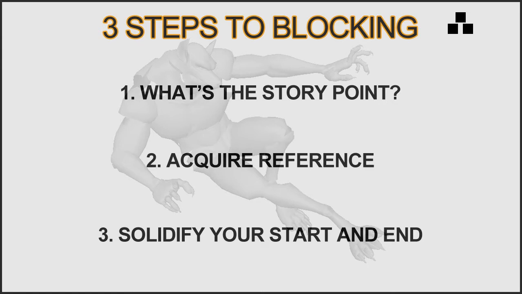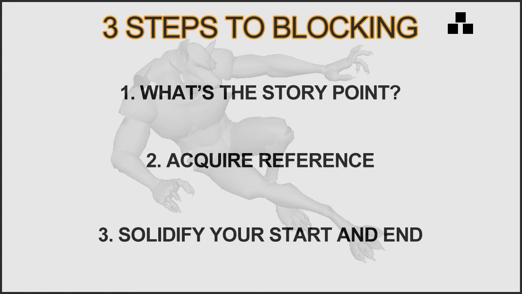Once we have that in mind, then we can start to break down that first step into sub-steps and get an idea of the type of character that we are animating. What's the character's personality? What's the character's height, the weight, the past history of the character? Because all of that will determine how this character is going to perform throughout the entire sequence.